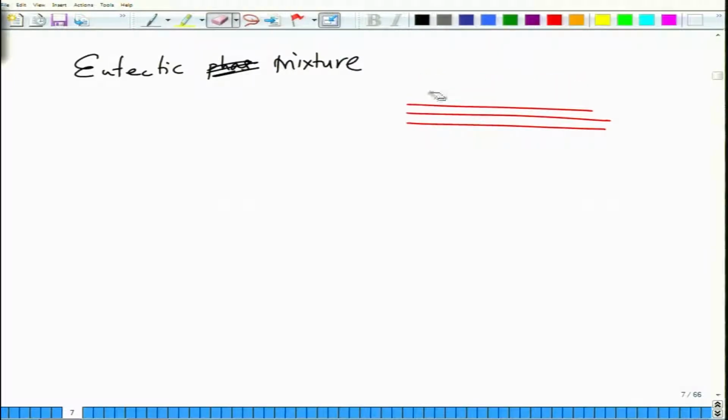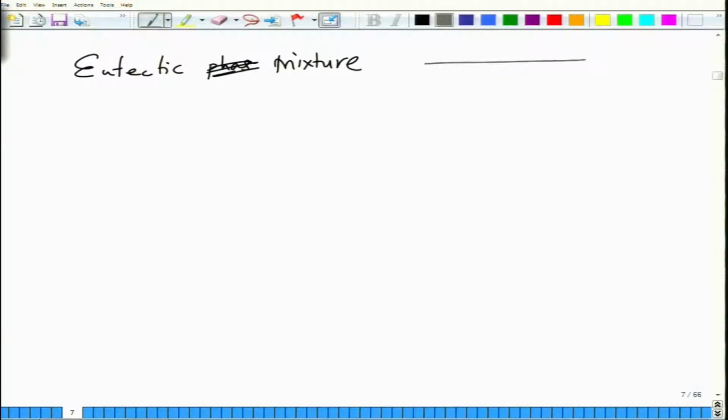Let me just draw it again. So these are parallel plates of alpha and beta.